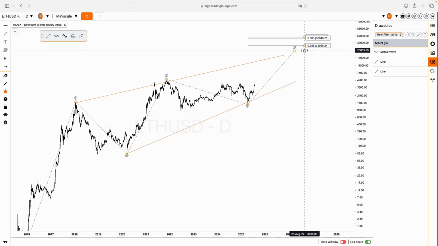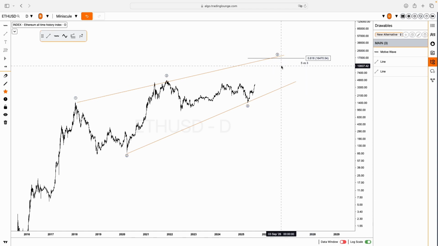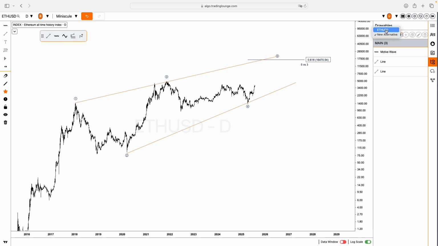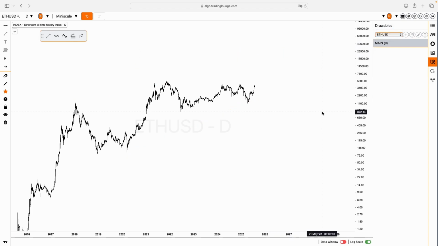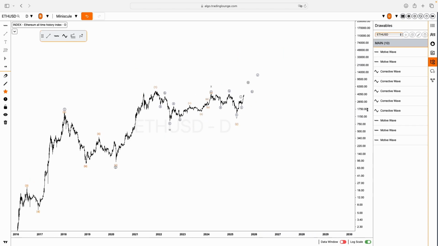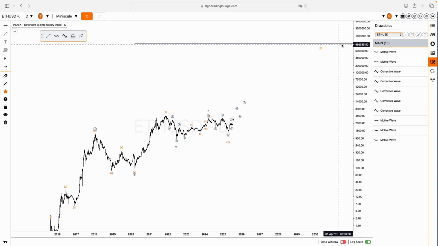Many times you get to 0.618, so 16,000, which is, as you can see, easily doable, realistic if you think about it, kind of more realistic than you could say. I mean, many people would say this is much more possible and doable than this count, right? Because this forecasts crazy upside.